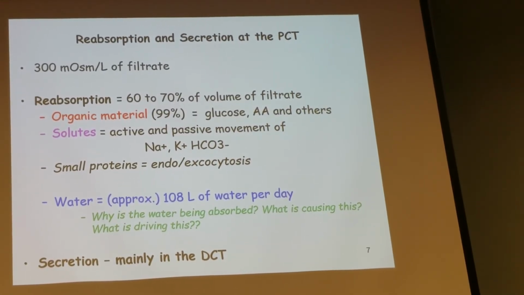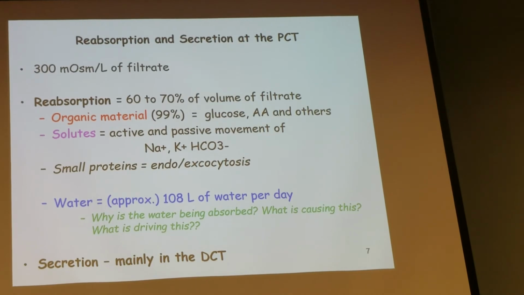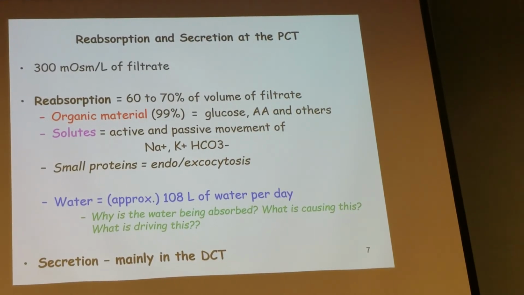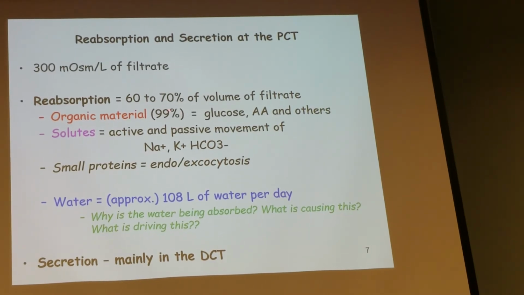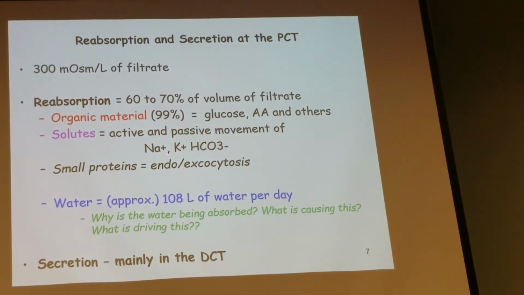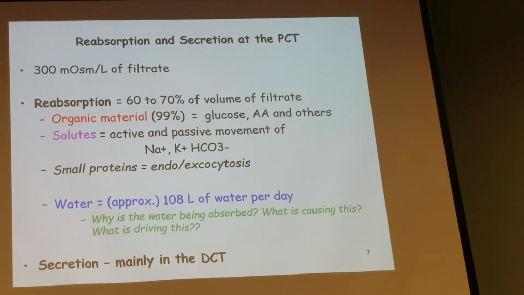Of that 180 liters a day, I'm going to reabsorb 60 to 70% of that volume right off the bat, put it right back into the bloodstream. And in that 60 to 70%, I'm going to be reabsorbing 99% of my organics and a lot of my solutes, such as sodium, potassium, and bicarbonates, because I want them for normal neural function.